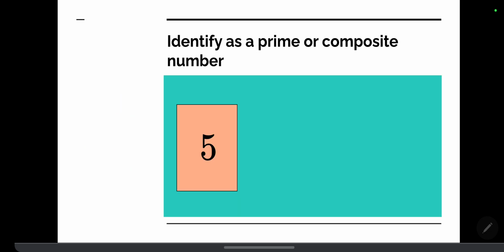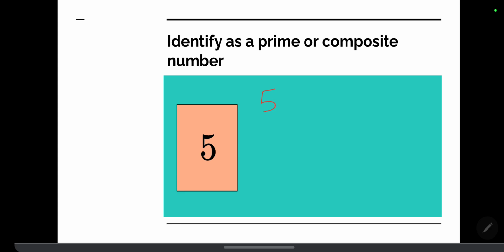All right, so let's try to identify if these are prime or composite numbers. You could use that chart that I had displayed before, but let's just try it out with the number 5. Is 5 prime or composite? Let's think about some of those fact families where 5 is a multiple.